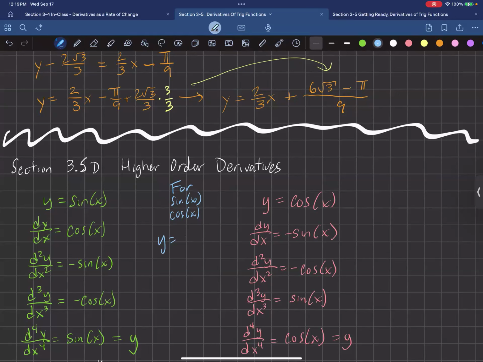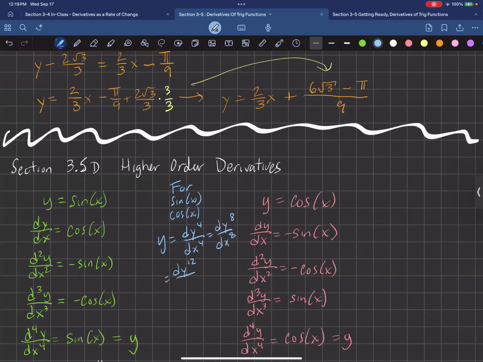y is the same thing as the fourth derivative of y, which means every four derivatives cancel out. So like the eighth derivative should be the same, and it should be the same as the 12th derivative.